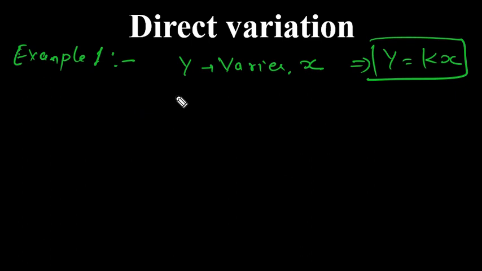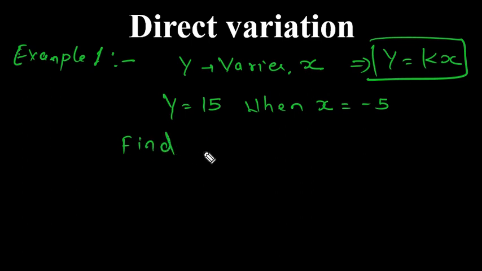And you are given y equals 15 when x equals -5. This is one piece of information. Now what you have to do is find y when x equals 7. So the question is clear, right?